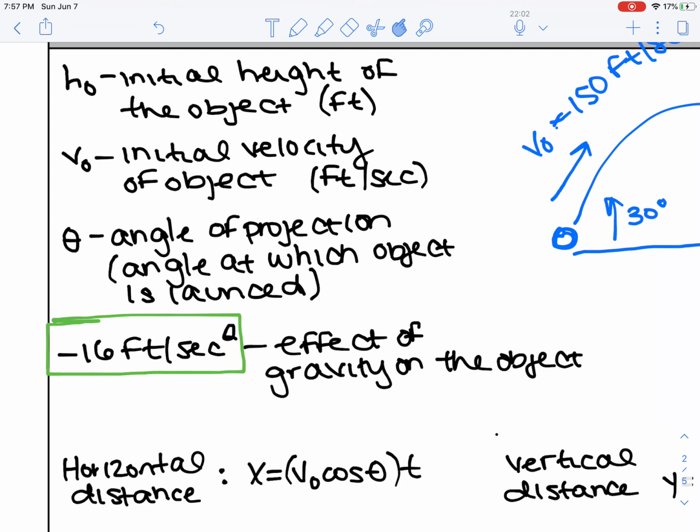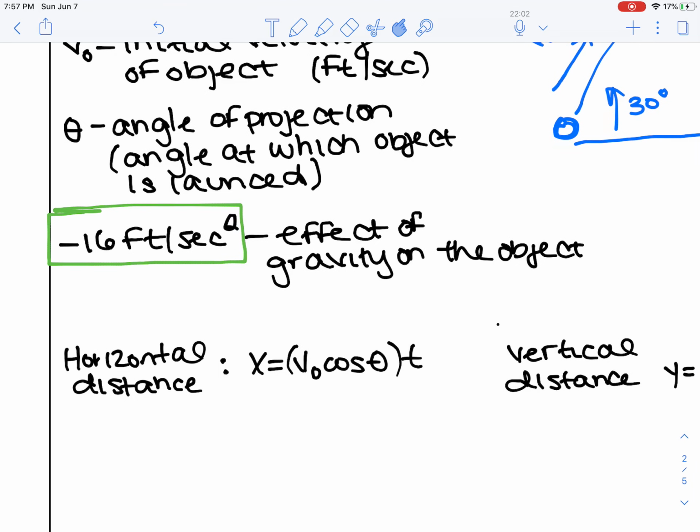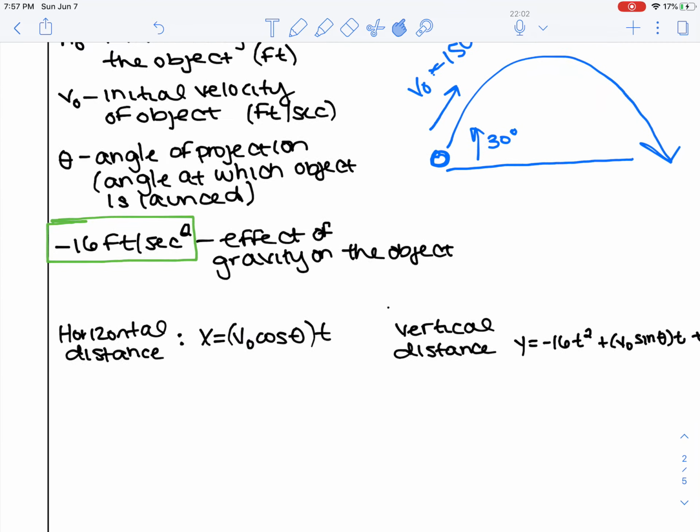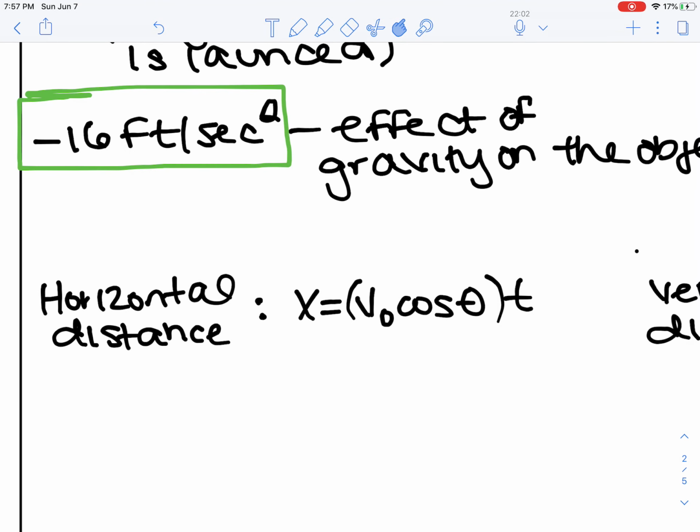Another piece of information that you're given on your notes is 2 equations that we're going to use to help us model the distance that the object has traveled. This fits with our parametric studies, because we have this idea of measuring the horizontal distance using an x equals equation, and the vertical distance using a y equals equation. So let's take a closer look at the horizontal distance equation.